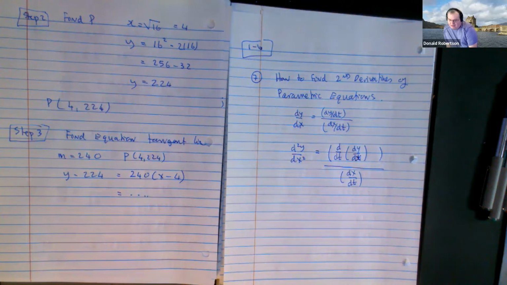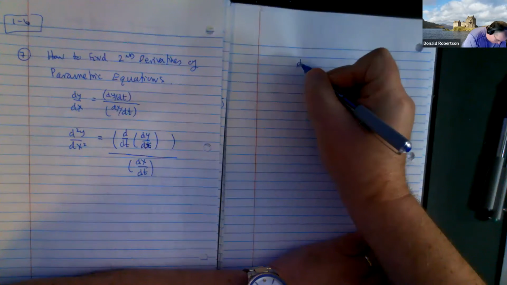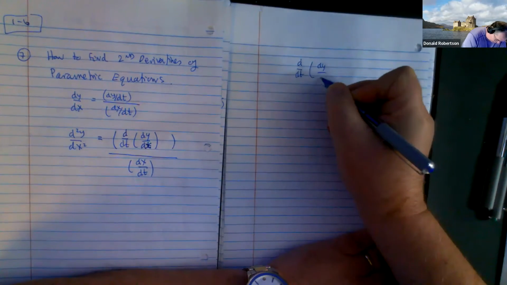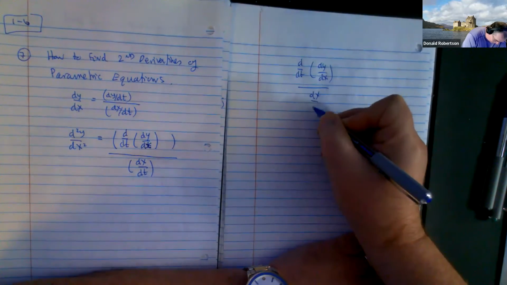Do you want to see a pseudo proof of it? Okay. I want you to think of these not quite like fractions, but similar to fractions. So if you take d by dt of dy by dx, and on the bottom, we've got dx by dt.